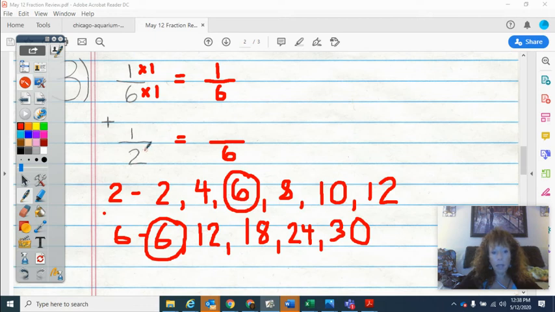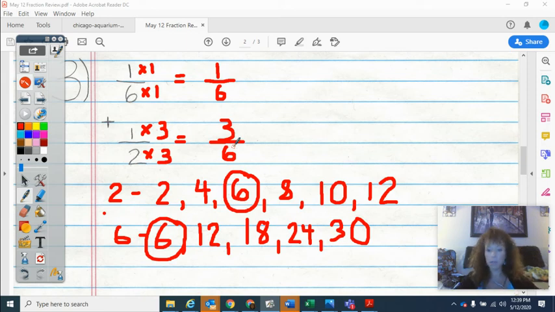So I need to ask myself, how did I get from 2 to 6? 2 times what number? Well, 2 times 3 is equal to 6. And I have to do the same thing in the numerator. 1 times 3 is 3. So I've changed 1/2 into 3/6.